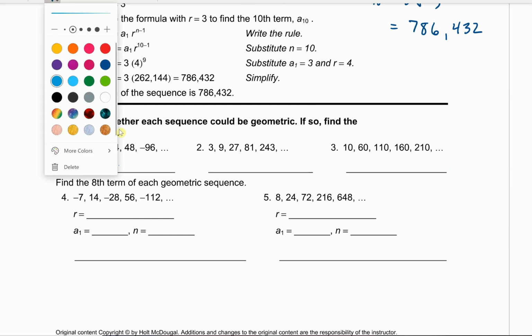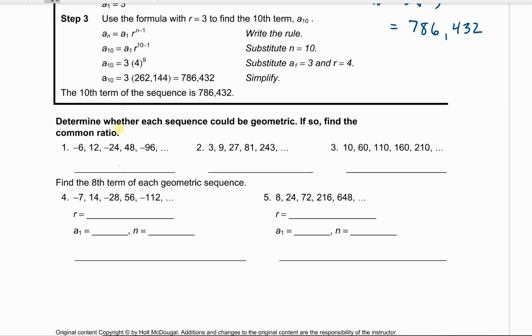How do I know if I have a geometric sequence? I have to see if I have a common ratio. So let's see, 12 divided by -6 is -2. -24 divided by 12 is, guess what, -2. 48 divided by -24 is -2.